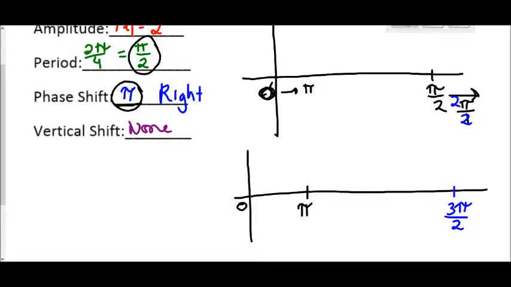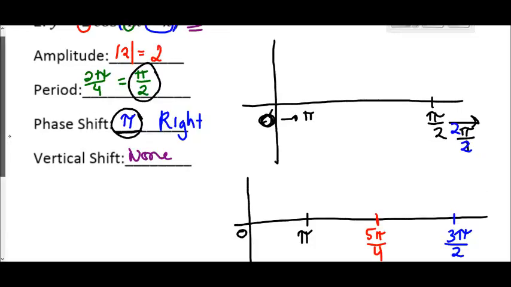Halfway in between pi and 3 pi over 2 is, if you look on your unit circle, 5 pi over 4. Okay, so these are our increments that we're going to use. We are looking at a cosine function.